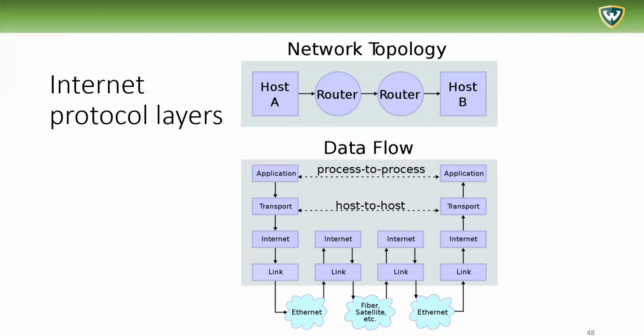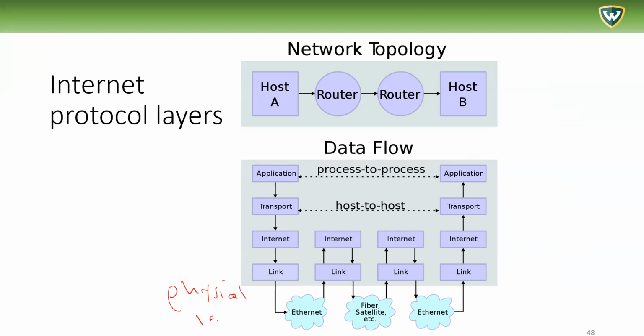Here's another image on internet protocol layers. We don't need to go deep into this. This is just highlighting the different layers of the different processes of the data flow. So we have the physical layer.